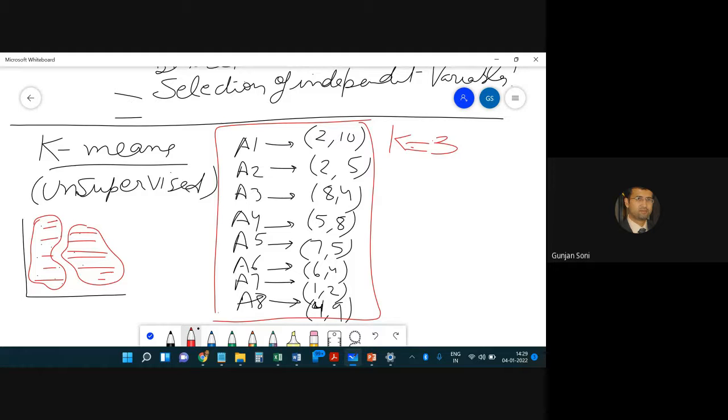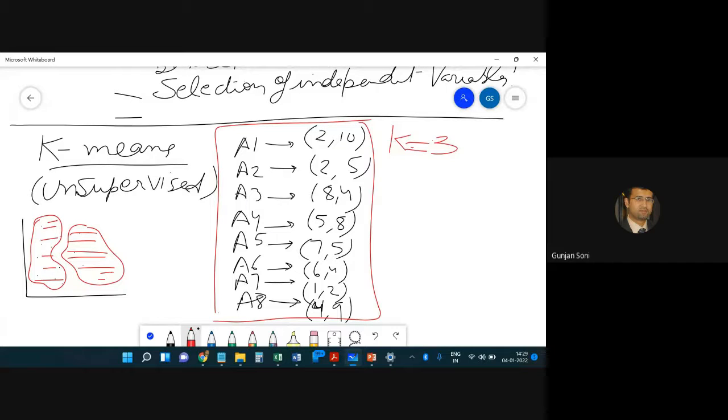You have never known what set of parameters will make it critical and what set will make it non-critical, but I want to classify it into 2. Similarly, for apples, oranges, and peaches, I want to classify them into 3, but I don't have the labeled data. That's why it is unsupervised.